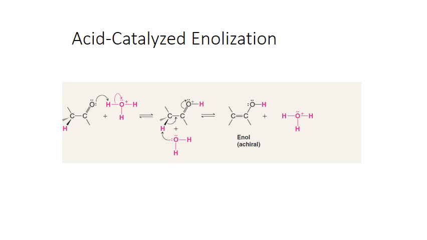When it accepts a proton from the hydronium ion, it accepts the proton from the top face or from the bottom face, to form a racemic mixture of the starting chiral ketone.